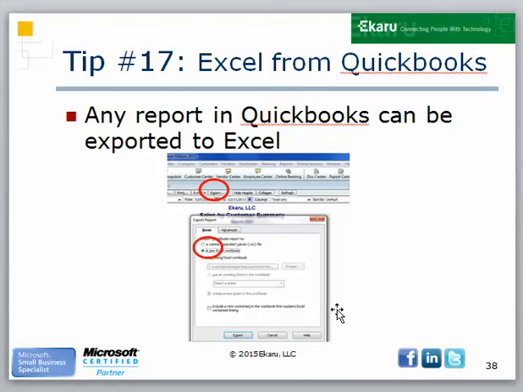You can take your information from QuickBooks, get it into Excel, and now you can display it in all these different ways. If you remember all that formatting that we did, or the conditional formatting, you can really make your data stand out. Display it in different ways, move it around, manipulate it, and get it to the presentation that you want. Very, very powerful. That's my own favorite tip and trick with Excel.